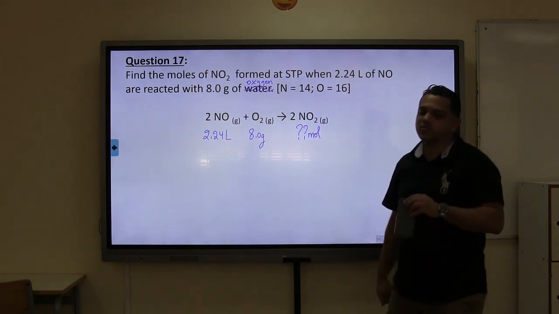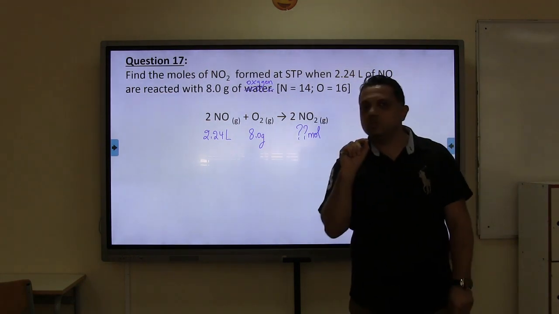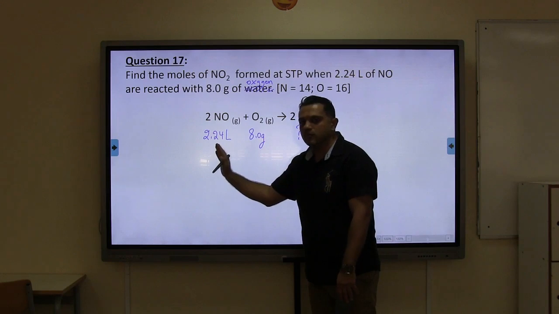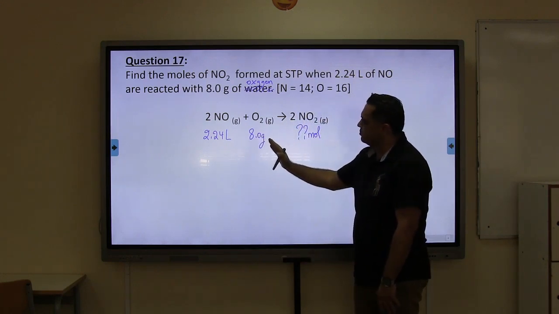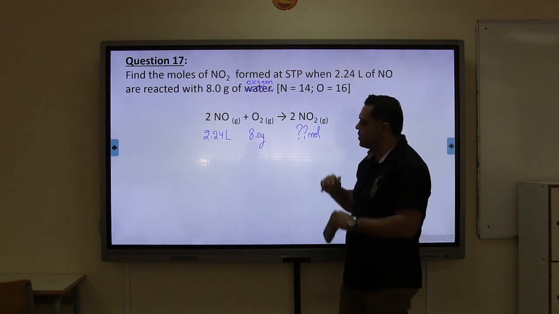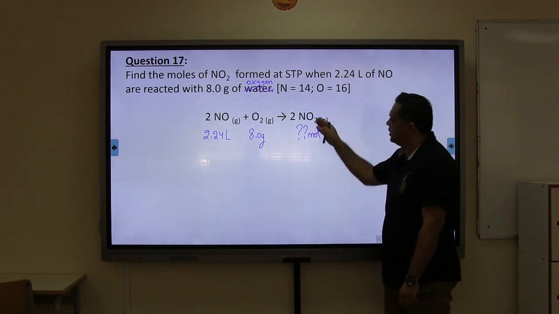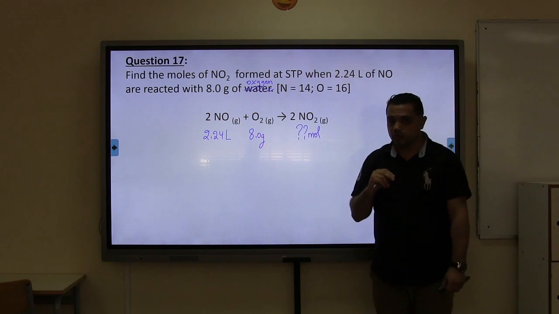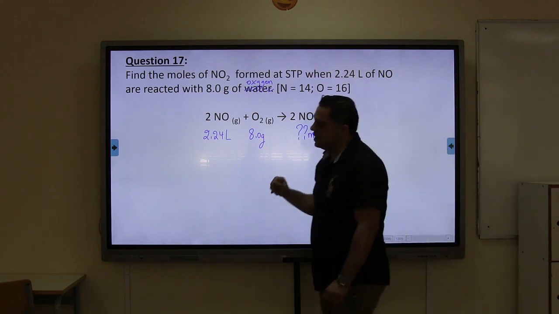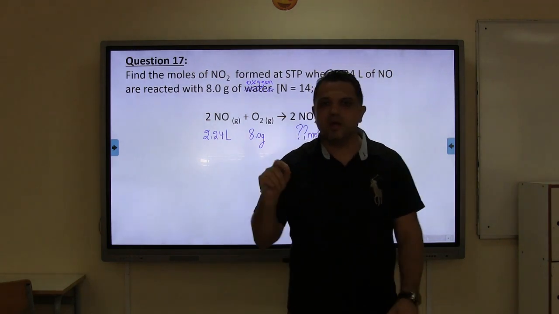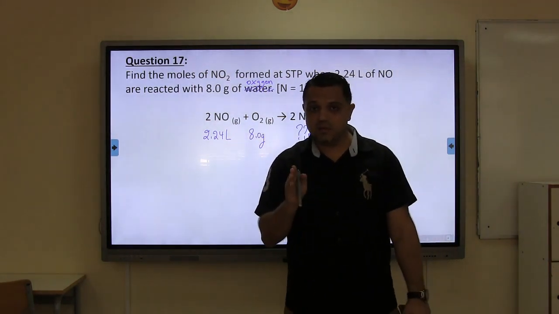If we look here, this is the first question here, where we have 2 given for 2 reactants. I have given for the NO, I have given for the oxygen. So how can we solve this question? Which given I will choose to find the number of moles for the NO2? Of course, in this case, when we have 2 given for 2 reactants, we need to solve it by using excess and limiting. Okay?